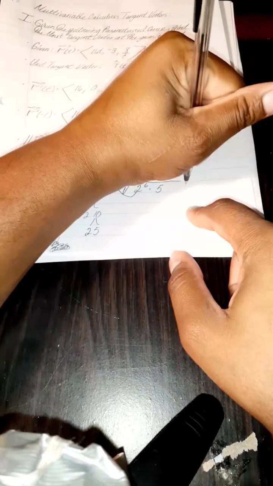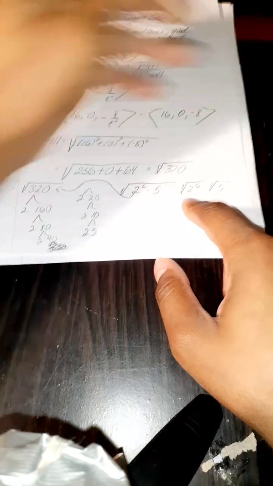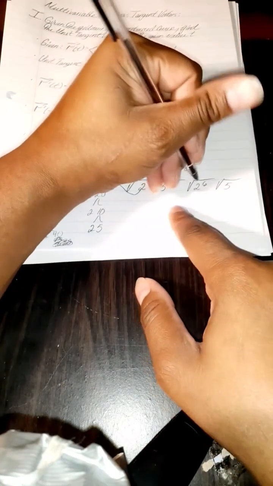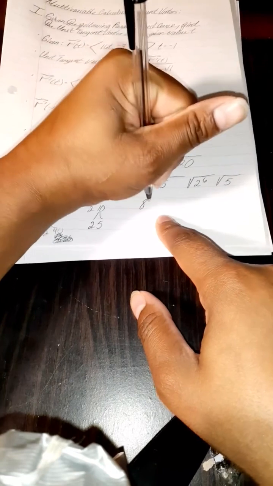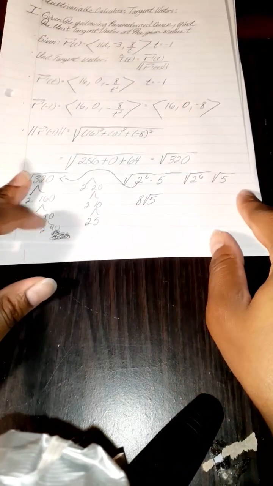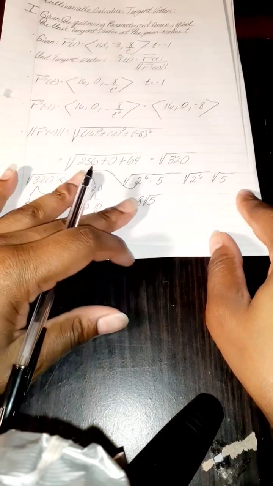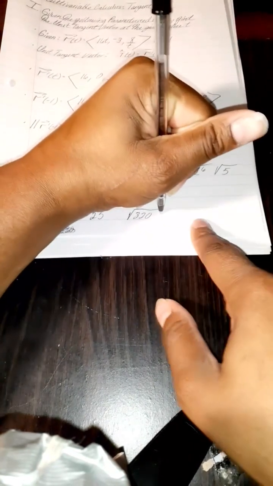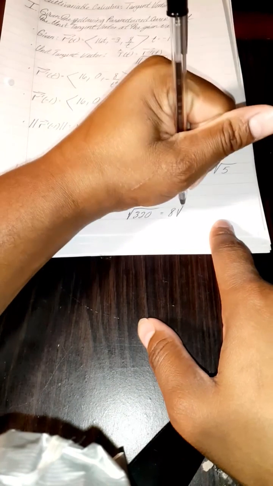Now we can break this up as the square root of 2 to the 6th power times the square root of 5. 2 to the 6th power is 64. So that'll be the square root of 64, which is 8. So if we do prime factorization, we'll break down the square root of 320 to be that. Okay? So the square root of 320 can be written as 8 times the square root of 5.